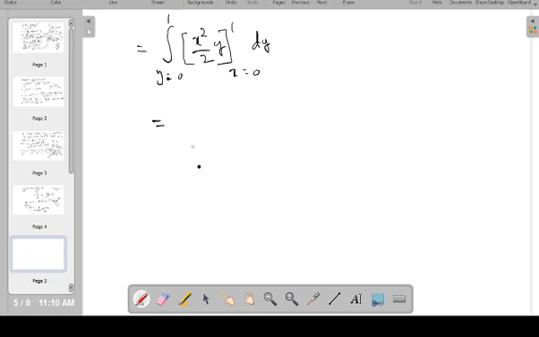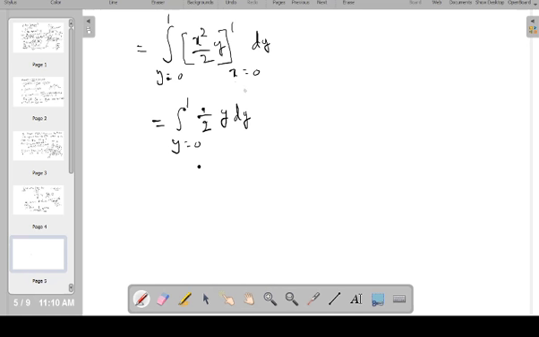So that is equal to the integral of y from 0 to 1, 1 by 2 y dy, because you have substituted the values for the lower and upper limits for x.